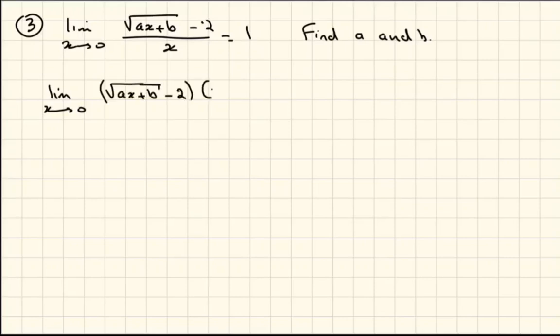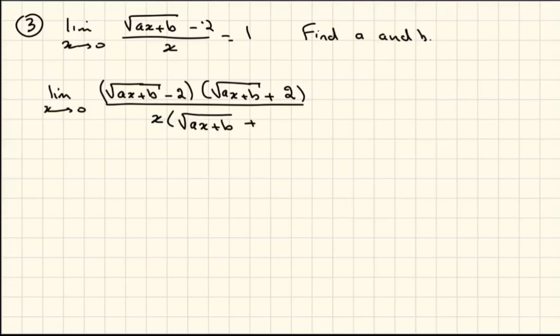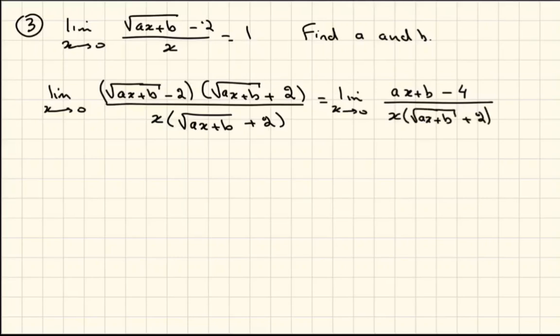So I multiply the numerator by its conjugate, which is radical ax plus b plus 2, and I do the same thing down. Radical of ax plus b plus 2. When you simplify the numerator, it will be ax plus b minus 4, and down you will have this. I know that my answer will be 1 at the end.